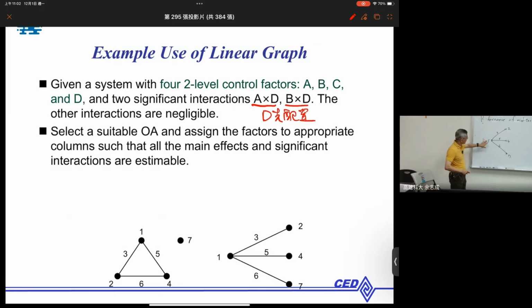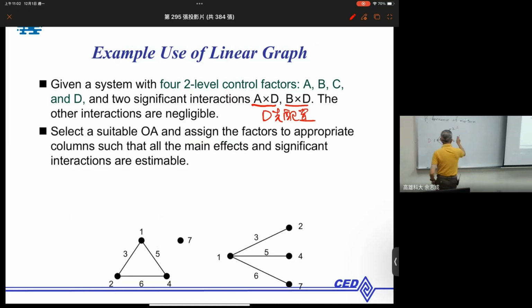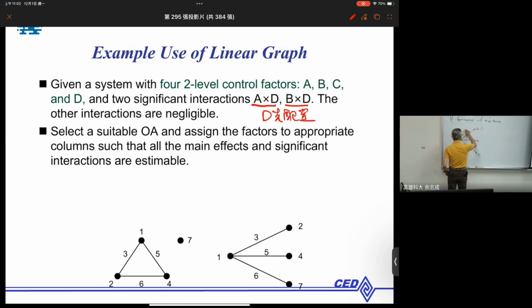Because if you assign D here, you need to make sure D has at least 2 lines, but it has 3 lines. Okay. What's next? Why do you want to put it in 2? Because AD has an interaction. If you put A here, then you can make sure AD is estimable since it will happen in column 3.